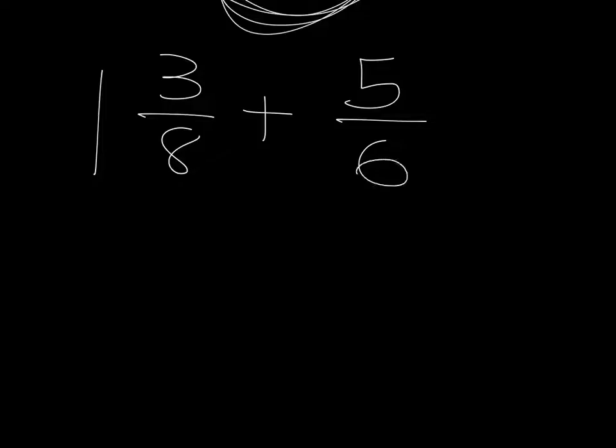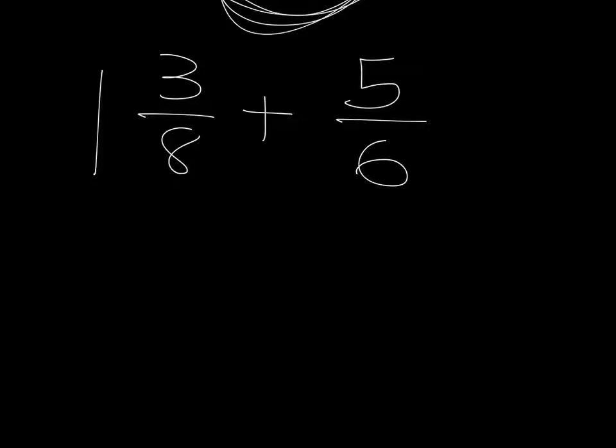So if we get an example that looks like this, let's say it is 1 3/8 plus 5/6. Okay, first thing you have to do is this fraction here has to be brought down to become an improper fraction. You can't do it with the 1.